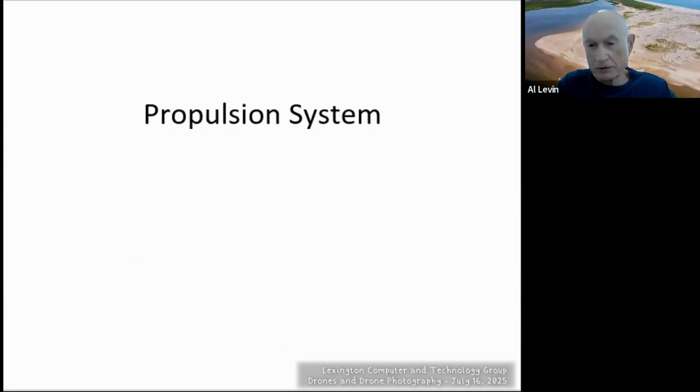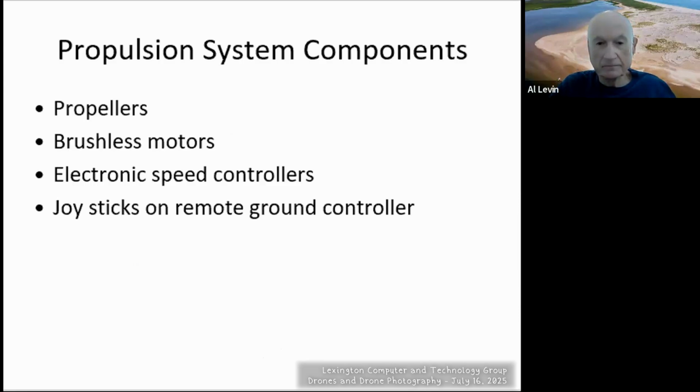Let's look at the propulsion system. There are basically 4 components. The propellers rotate, brushless motors rotate the propellers. Then there are electronic speed controllers, which are very important.